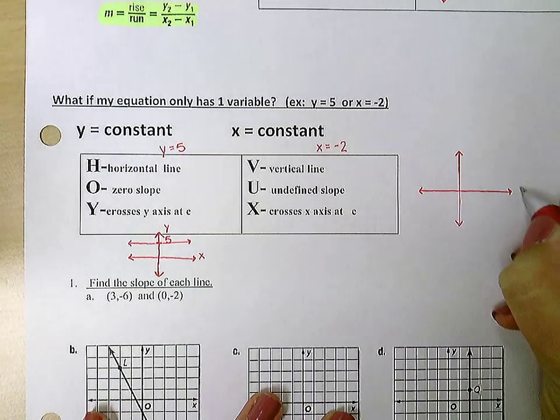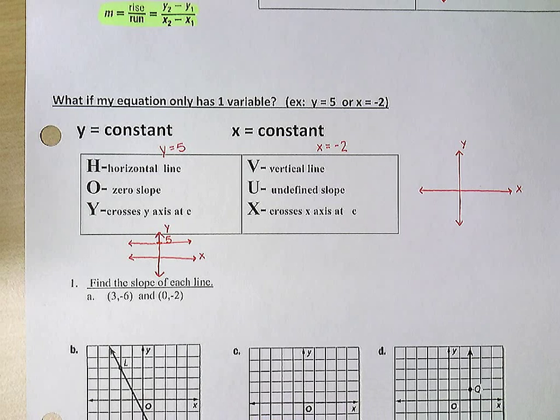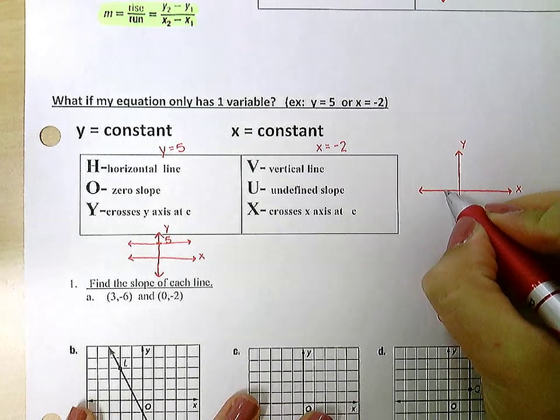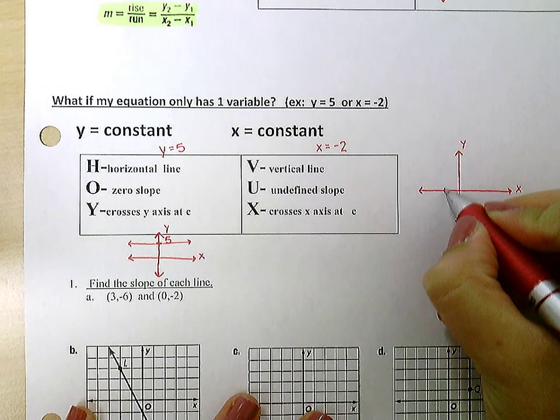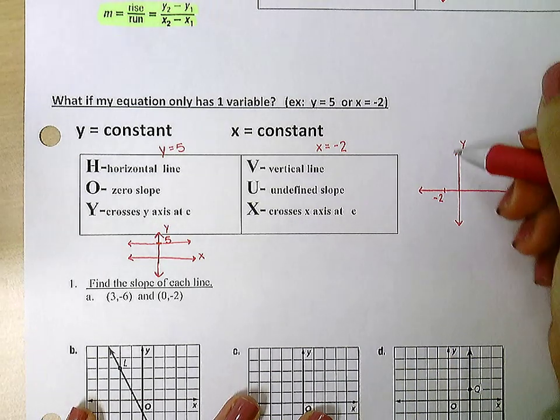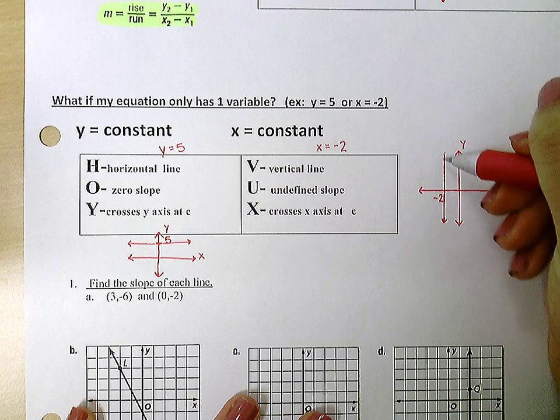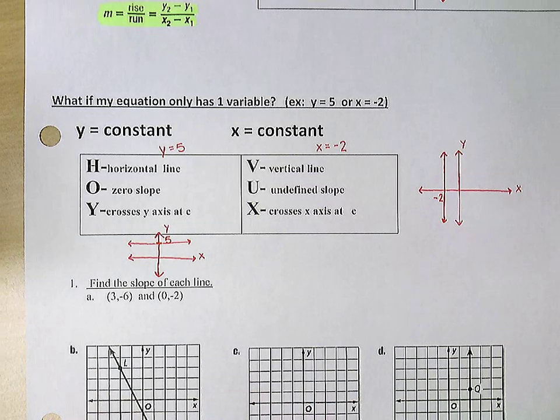Okay, so x-axis, y-axis. For this one, if x is equal to negative 2, I want to go to that spot where x is negative 2. So that would be to the left here. Okay, so that's where negative 2 is. And this one would be a vertical line through all the places where x is negative 2. Okay, so it has that undefined slope.